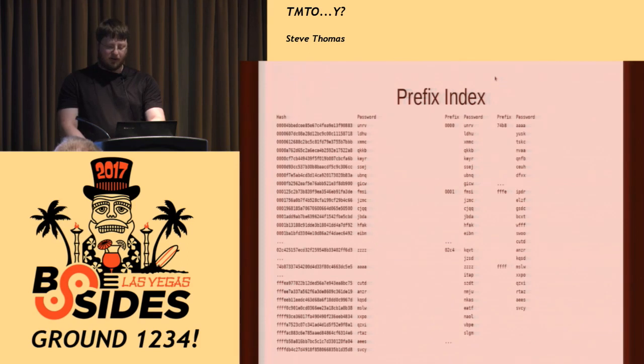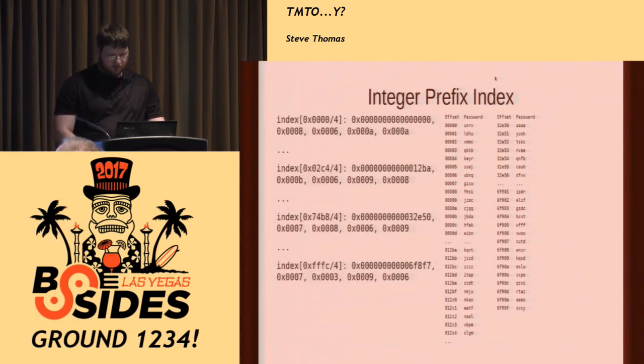So you would group it by the same prefixes. You basically just have a pointer into a list at these positions so that you would know how many passwords were in each bucket.